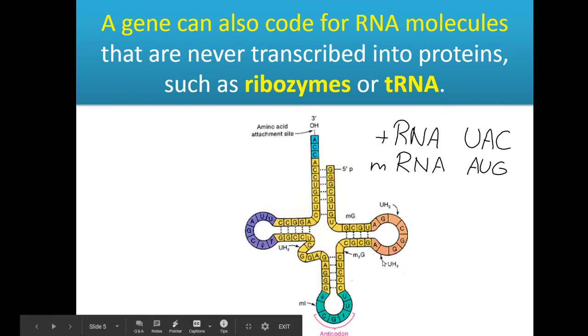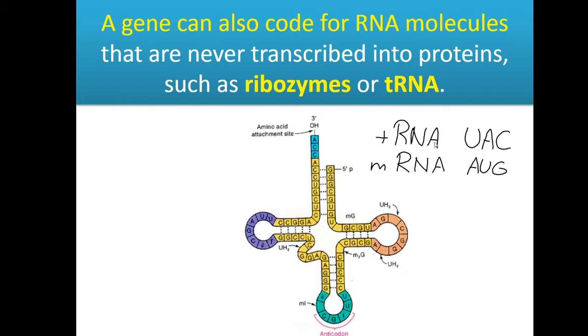Now, usually in a process of translation that we're writing down, you skip the anticodon part. You only worry about what is the first DNA, second, what is the codon, third, what is the polypeptide, or what is the amino acid.